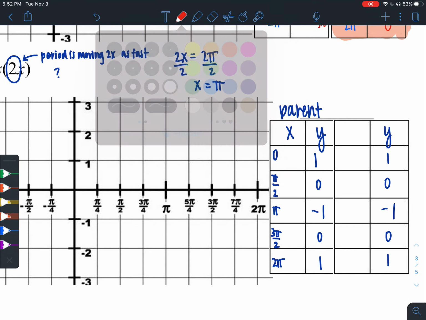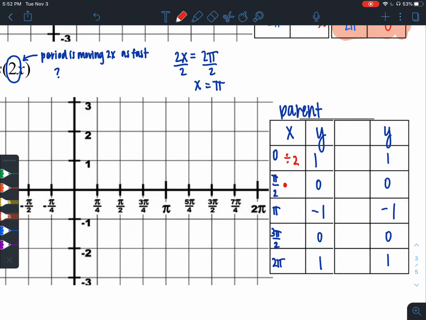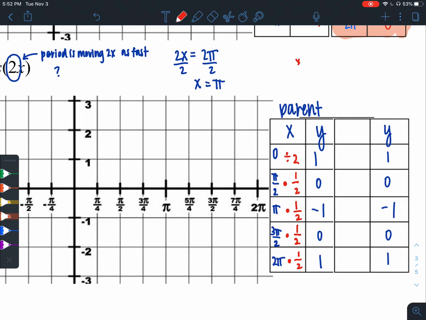So if you remember, dividing by 2 is the same thing as multiplying by a half. So I'm going to multiply each of these by a half, just so when we're working with fractions, it makes a little bit more sense. So I divide each of these values by 2, and I get 0, pi over 4, pi over 2, 3 pi over 4, and pi.